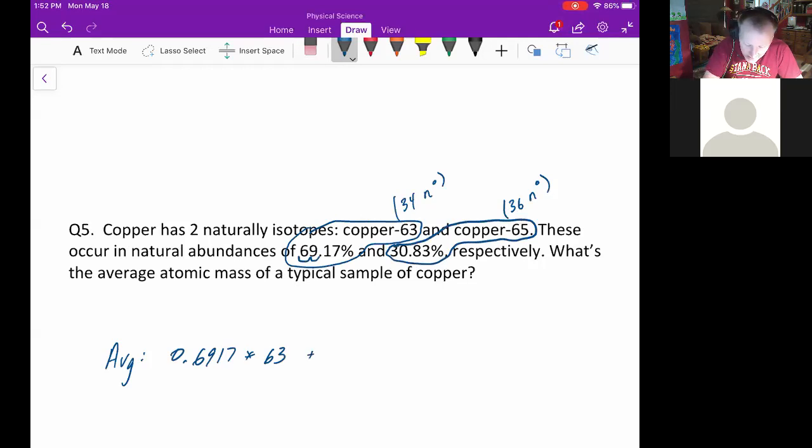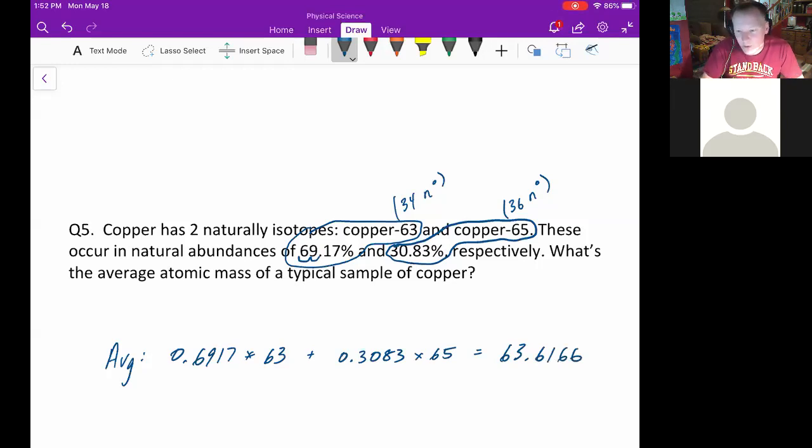So we're going to add in 0.3083 times 65, and we'll be able to find the atomic mass of that. Averaging those, a weighted average, I get 63.6166.